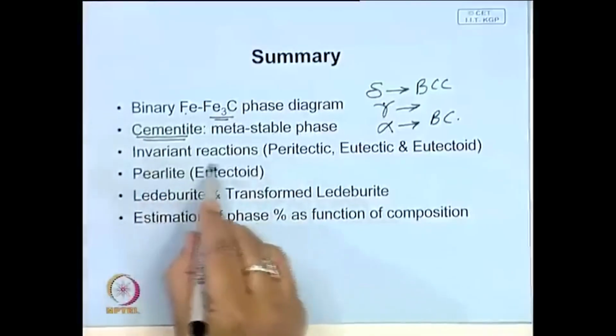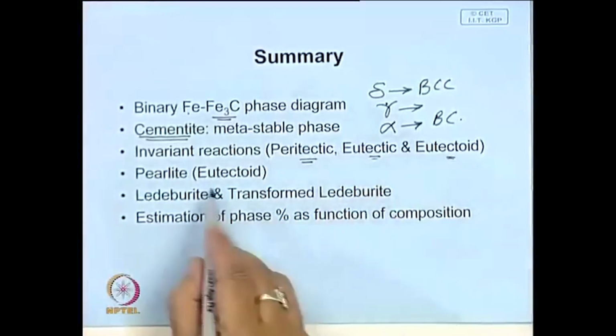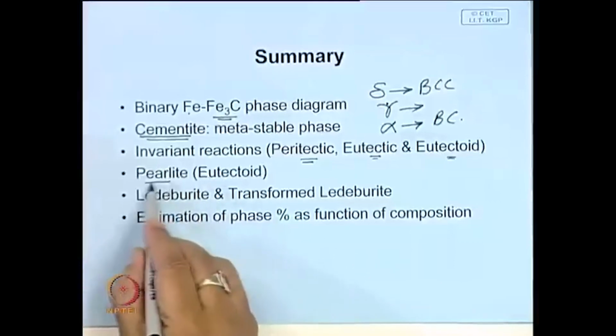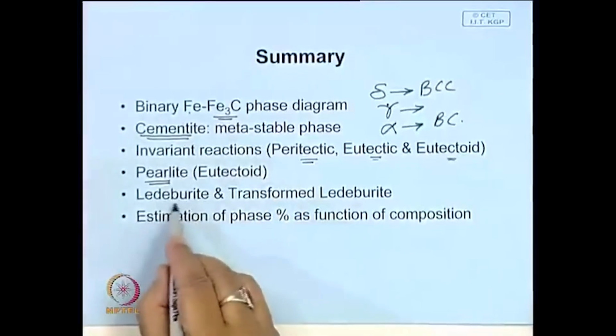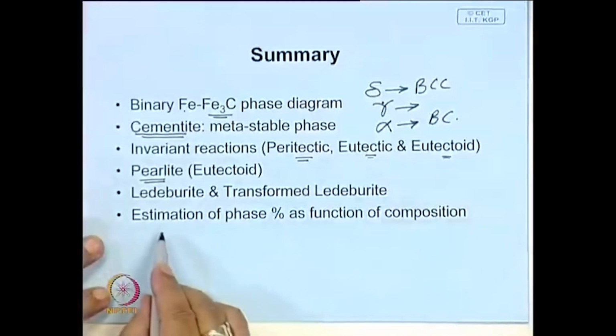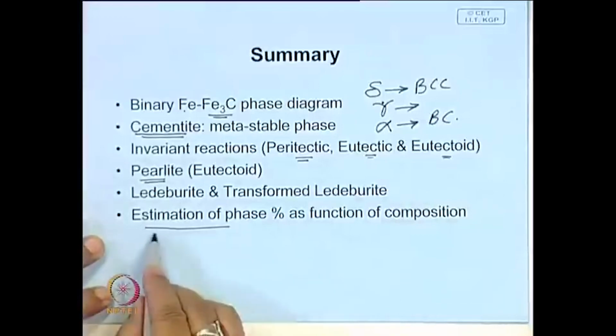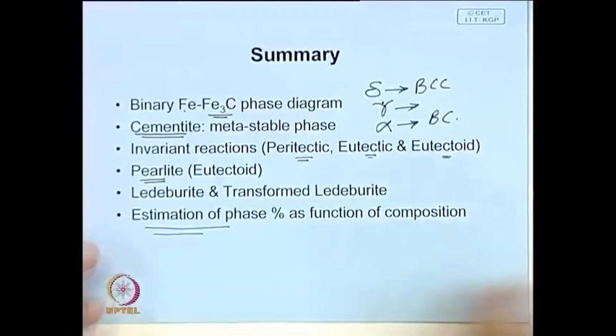We talked about 3 invariant reactions: peritectic, eutectic, eutectoid. We talked about the pearlitic structure, which is the eutectoid structure. We talked about eutectic ledeburite and transformed ledeburite, and we also saw some examples of how to estimate percentage of phases as a function of composition.